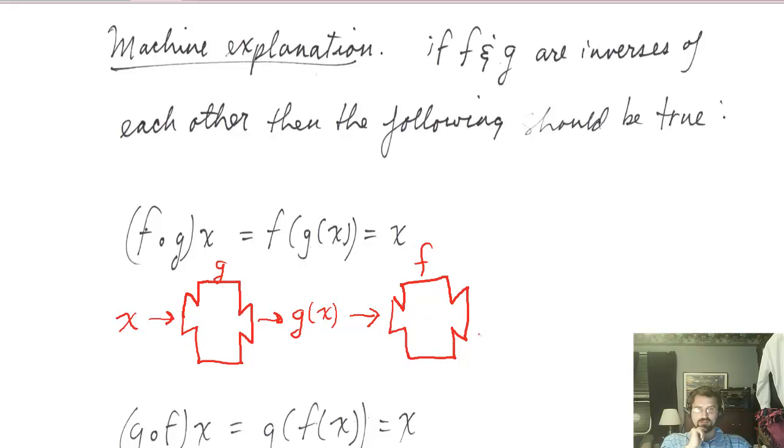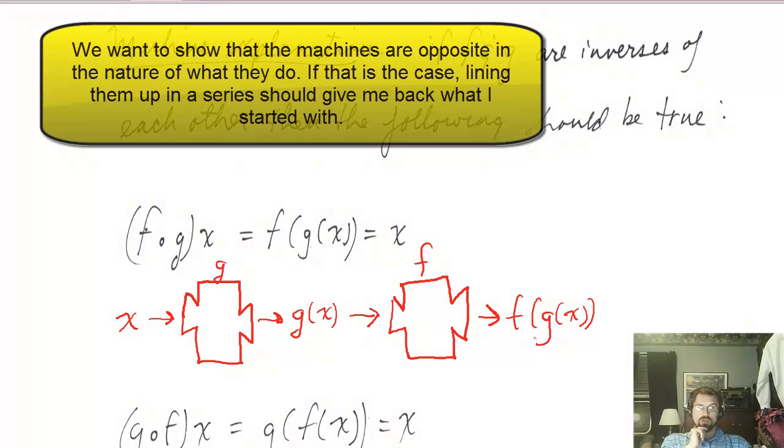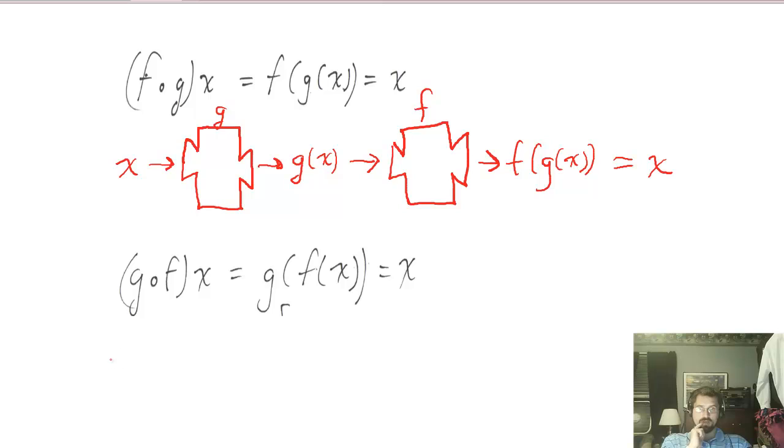So here's f. f is going to do some stuff to it. And out will come f of g of x, because g of x went in, f messed with it, so out comes f of g of x. Well, what they're saying here is that if f and g are inverses, then it better be the case that this is actually equal to x. So whatever this is, it better equal x, and vice versa. So I have x. What does it go into?